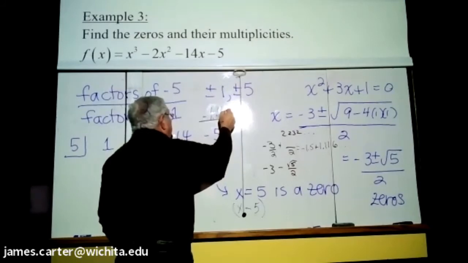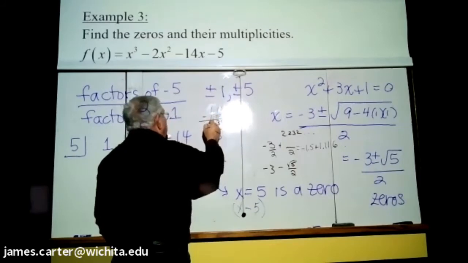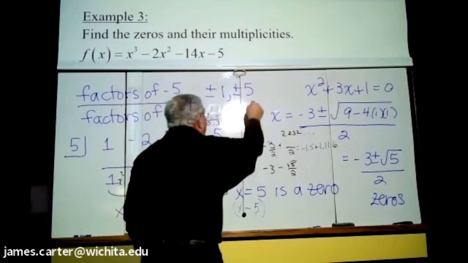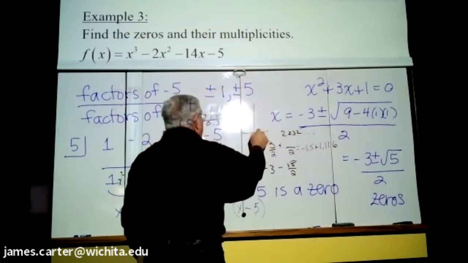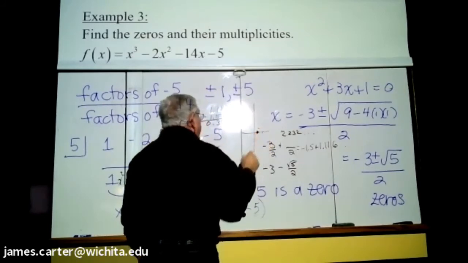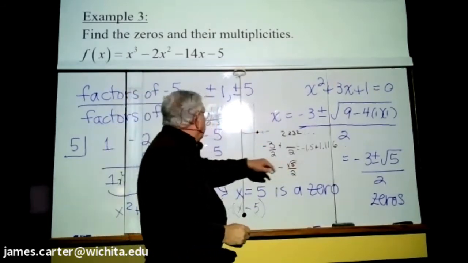So 10 minus 6 is 4. 9 minus 1 is 8. 4 minus 1 is 3. 1 minus 1 is 0. So in your graph, then, if here is 1, you would have a point about 4/10 of the way. Then we'd have to do the same thing.